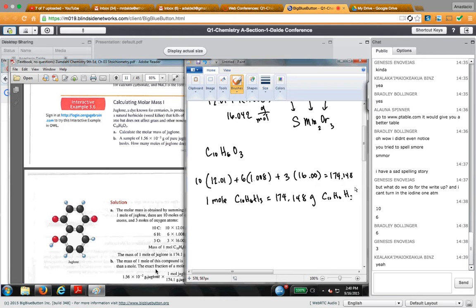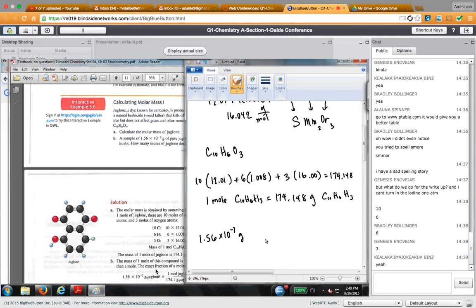We can now use this as a conversion factor. And remember, we taught you about conversion factors in Chapter 1. So check this out. If they told us that there are 1.56 times 10 to the negative 2 grams of this stuff, how many moles is that?